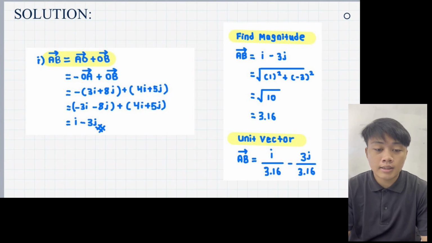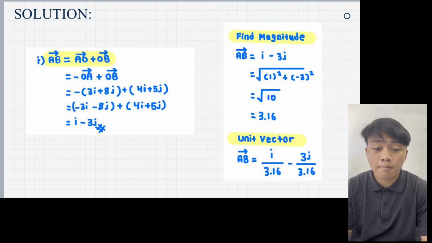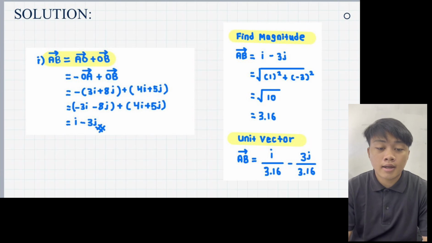So for example, this is the solution, and we just put the negative in front of the OA direction. So negative 3i plus 8j in brackets plus 4i plus 5j in brackets. So it becomes negative 3i and negative 8j plus 4i plus 5j.